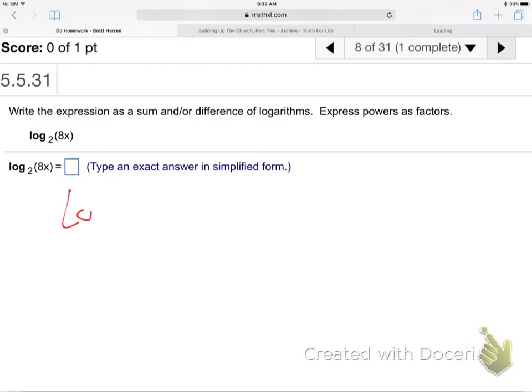So log base 2 of 8x. Notice what they're saying. Write the expression as a sum or difference of logs. So they're saying, take that 1 log and make it 2. So I'm going to use the property. What is in the middle here between the 8 and the x? Multiplication.